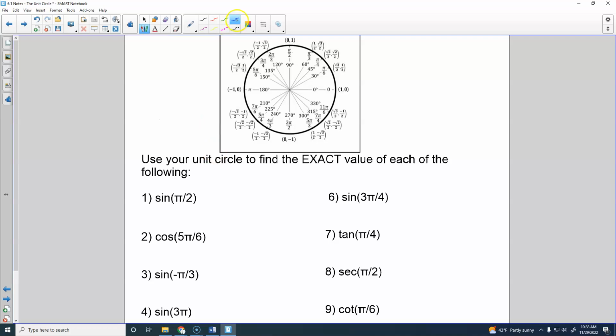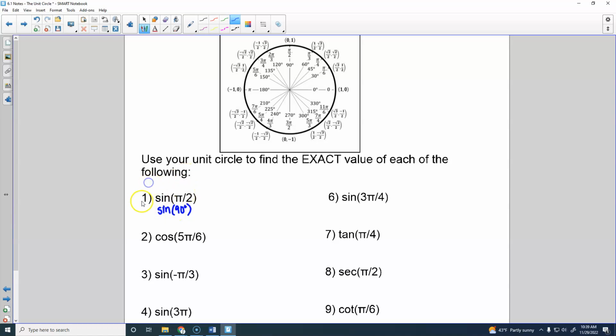So instead of asking for sine of pi over 2, I could also ask for sine of 90 degrees, and that would be the same. But we're going to practice the radians because I usually find that's where students have a little more trouble. And they're usually able to go back to degrees really easily.